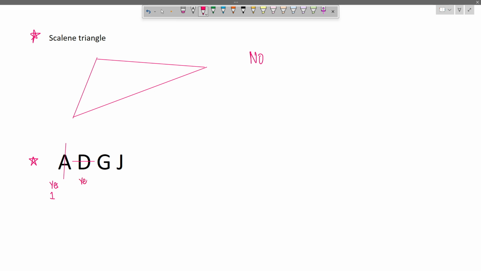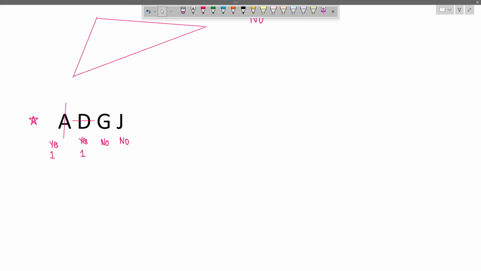So it has reflectional symmetry, and we have one axis. So for G, as you may have guessed, it doesn't have a reflectional symmetry, as well as J. So yeah, that can also be used for lettering.